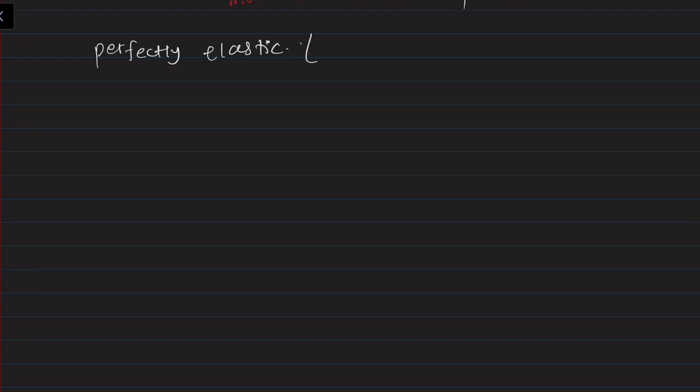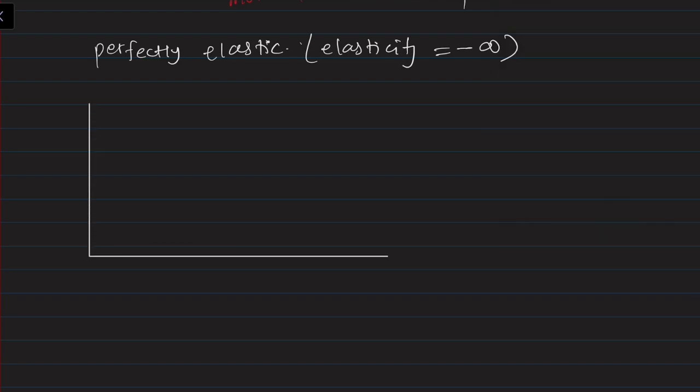So in this case, elasticity is infinity, or since we are talking about the elasticity of demand, we can say negative infinity. Okay, so let me draw the graph. P, Q, and we have a horizontal line parallel to the horizontal axis.